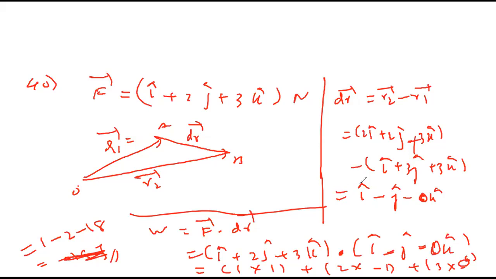Hello? Hello? Yes, sir. Make the small change in the values. I'm writing it on the screen. Make the change. F is perfect, i plus 2j plus 3k displaces the body.